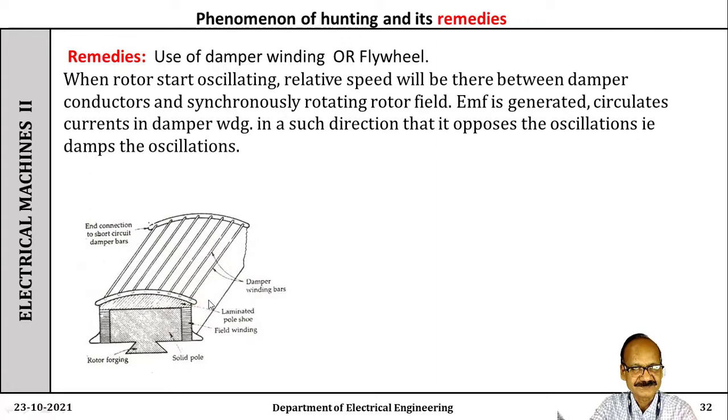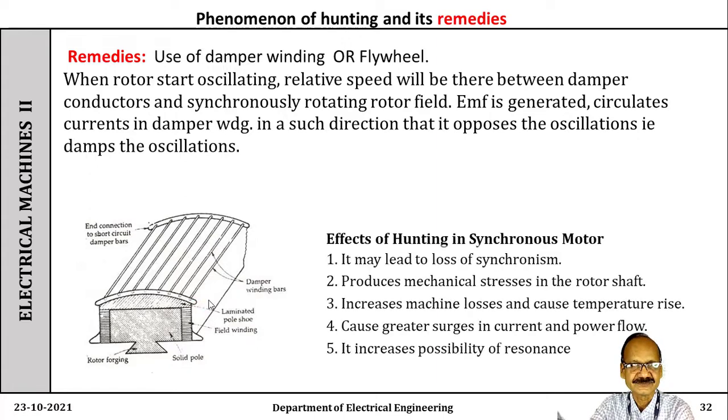Okay, so what are the effects of hunting on a synchronous motor? It may lead to loss of synchronism, as I have just stated. It produces mechanical stresses on the rotor shaft, increases the machine losses and causes temperature rise, and causes greater surges in current and power flow.